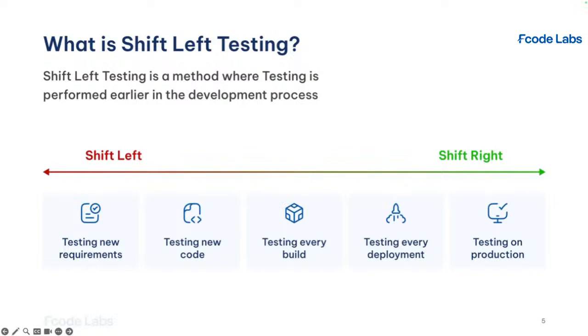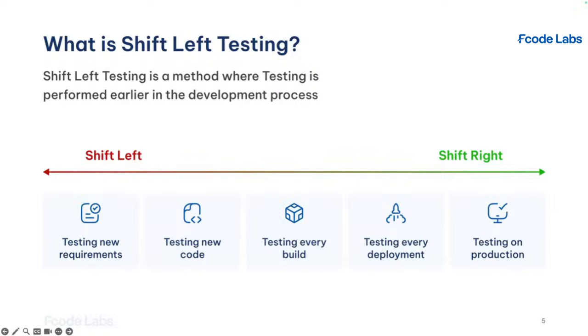We are pushing the testing practices, the testing activities completely to the left side of the development spectrum. We want to start testing as soon as the requirements are identified in a new software development project. We don't want to wait until the development is finished. This is simply shift left testing.